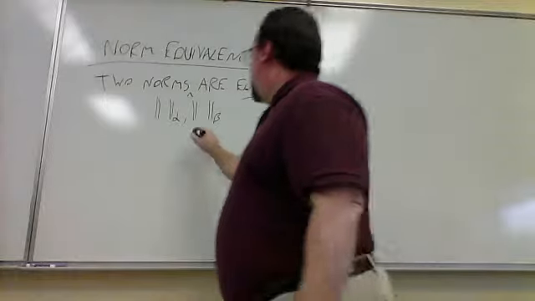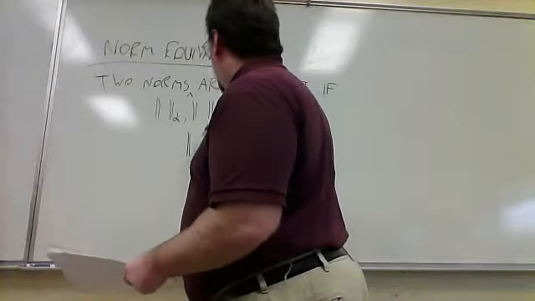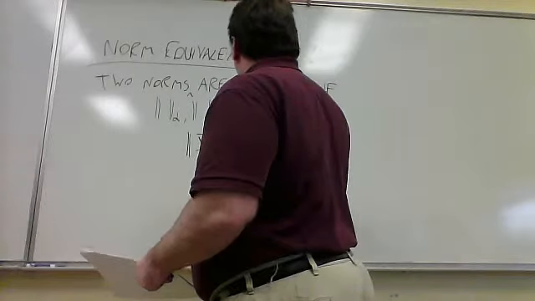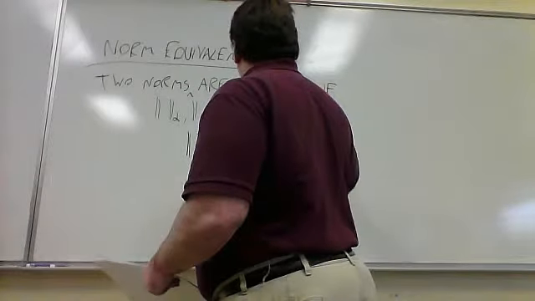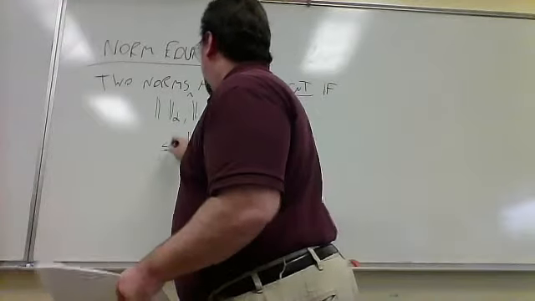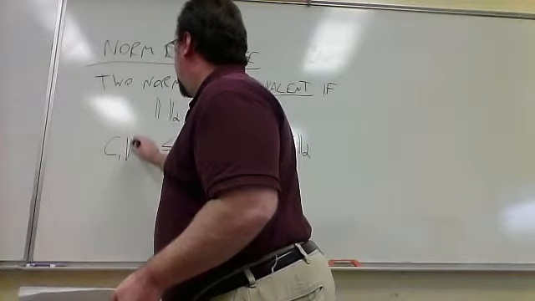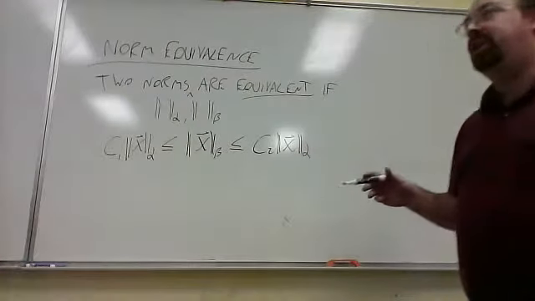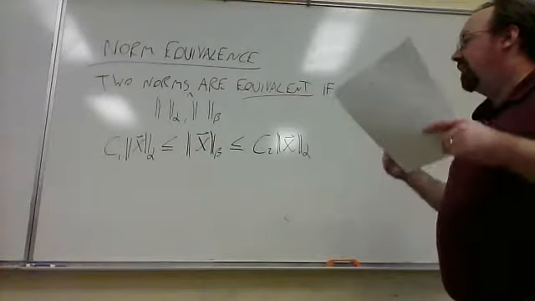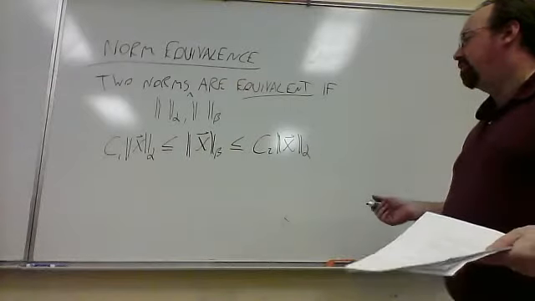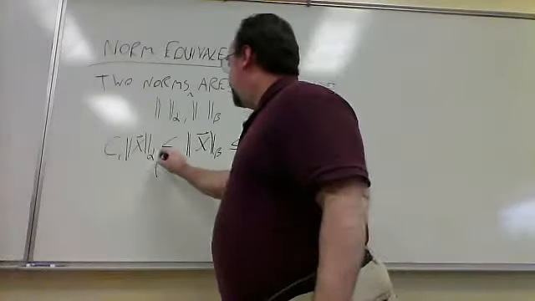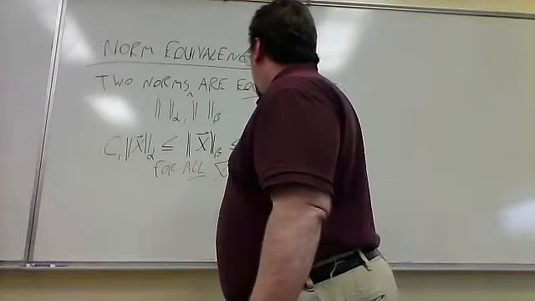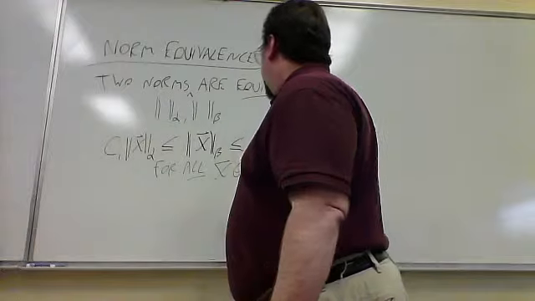And so these norms are equivalent if the beta norm of x is bounded above by some constant times the alpha norm of x, and bounded below by another constant times the alpha norm of x. So each norm can be sandwiched in between the other norm times two appropriate constants for all x in whatever vector space Rn that you're dealing with.